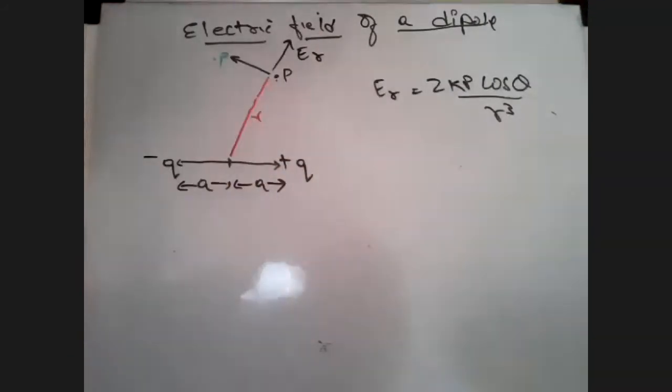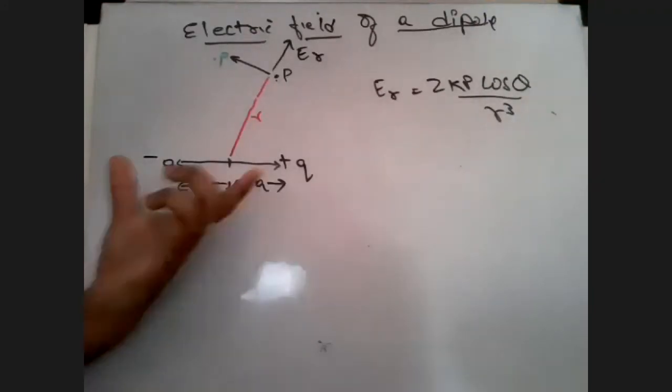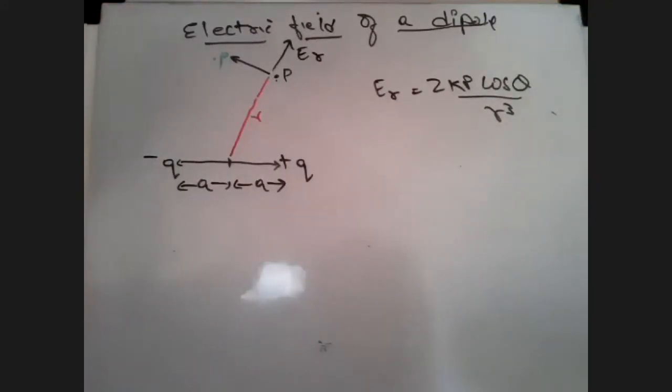Sir, we can also take the component of dipole moment in the perpendicular direction. And we know on the perpendicular bisector we have calculated in the last case, so we can use that.